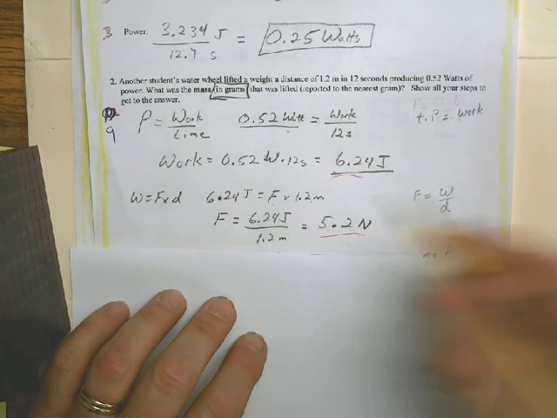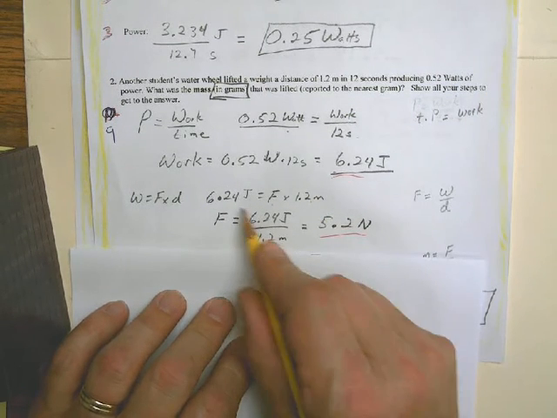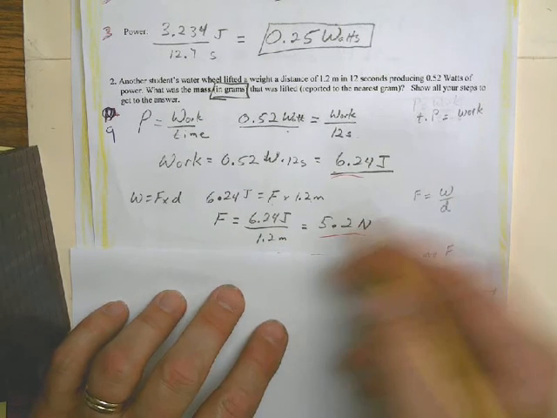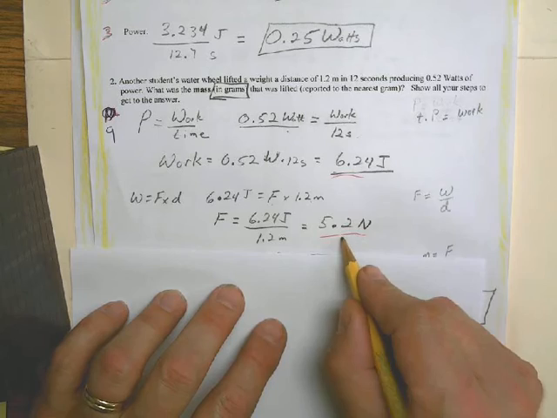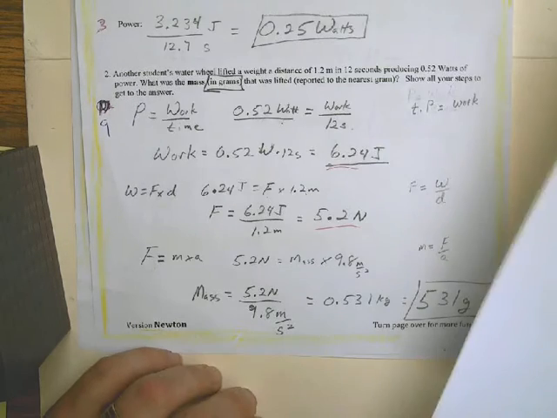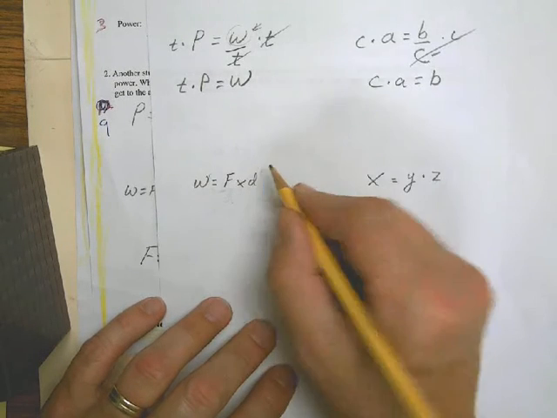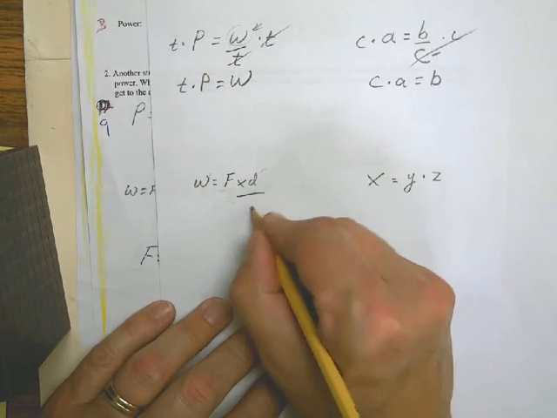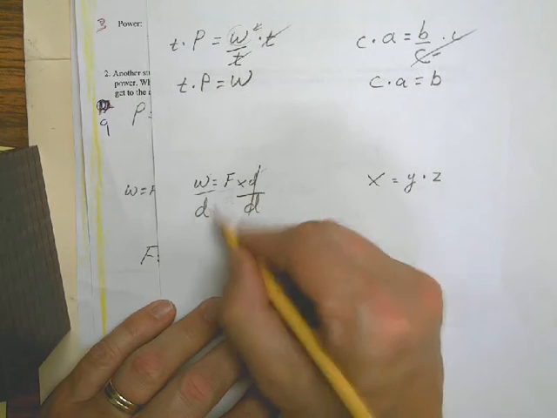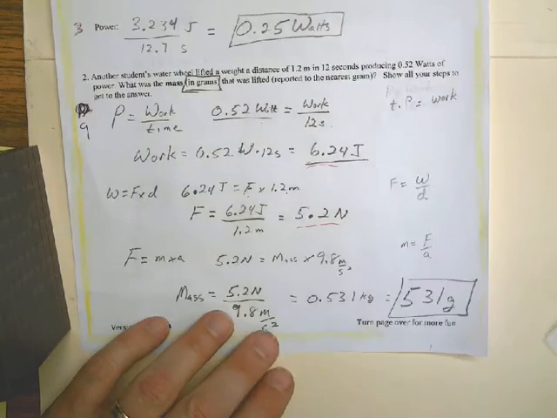So the force is equal to 6.24 joules divided by 1.2 meters, and that's equal to 5.2 newtons. We were solving for the force. We know the work and the distance, so we divide this side by distance and this side by distance, and we get force equals work divided by distance, which is what we have right here.